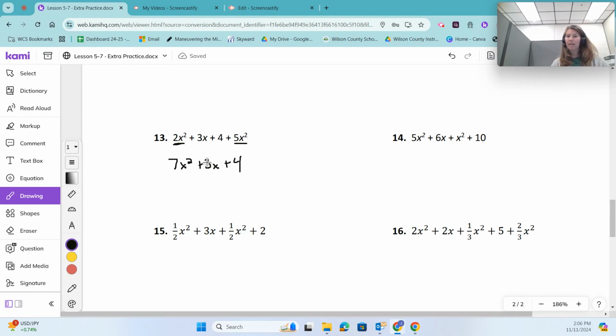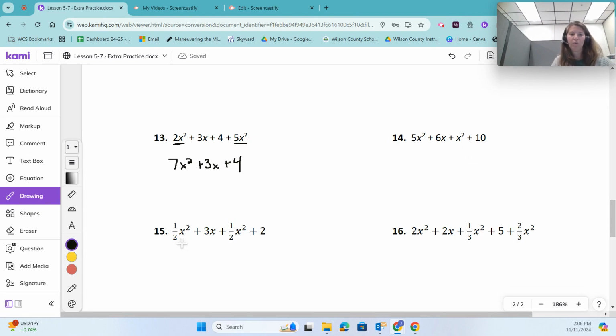Typically, when these are written, the highest exponent goes first. That's why I put the 7x squared first, then 3x, and then the constant last. And you can try that one on your own.